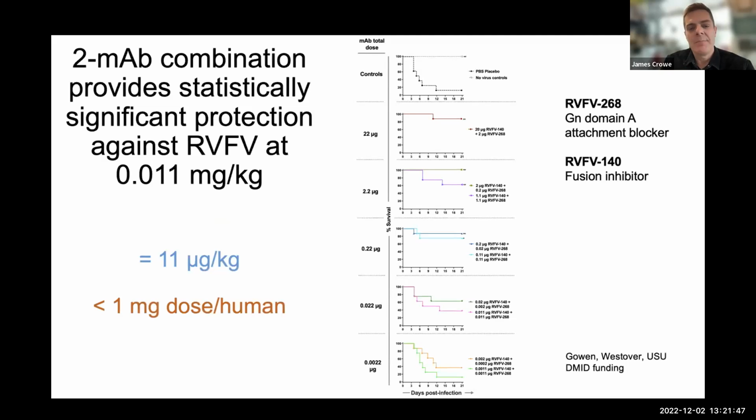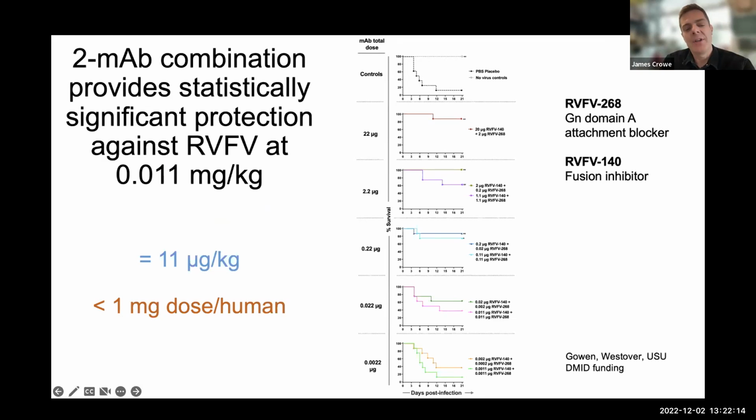And this is an unpublished study where we were doing a dose down, 22 micrograms per mouse, 2.2, 0.22, 0.022 micrograms, and then 0.0022, which on a per kilogram basis is 0.011 milligrams per kilogram. And we see protection against fatal inoculation all the way down to doses as low as, partial protection, 0.01 milligrams per kilogram.